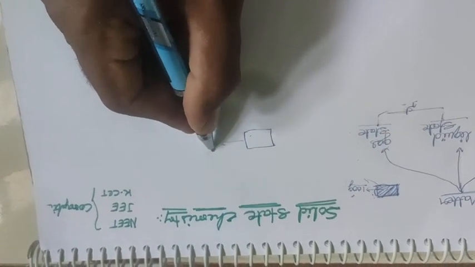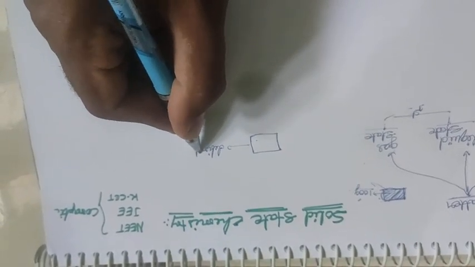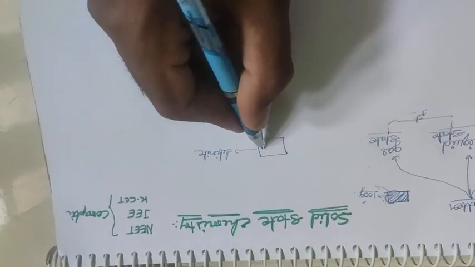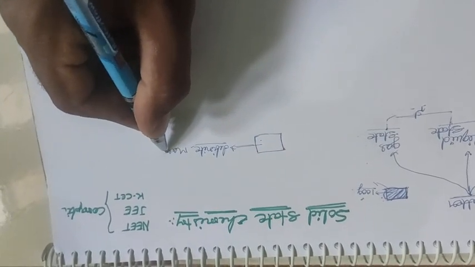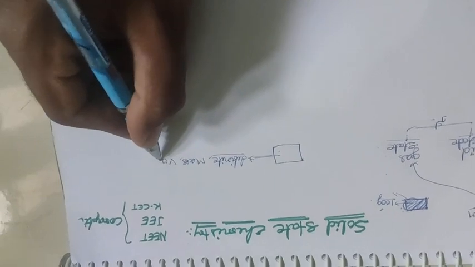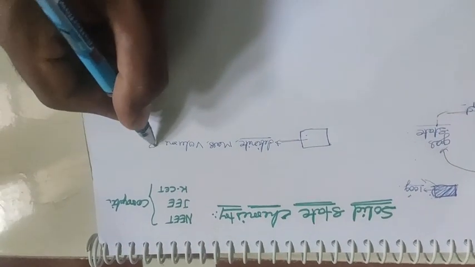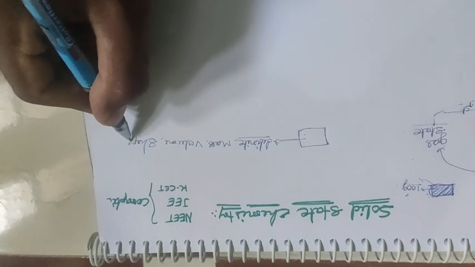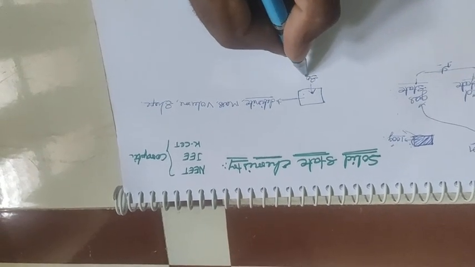Go for the word definite. The matter that has definite mass, definite volume, and next, definite shape, that state is called solid.